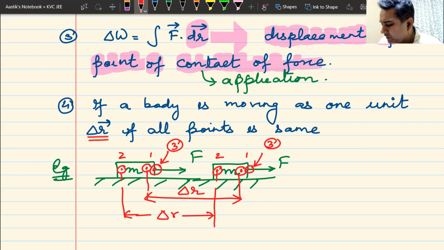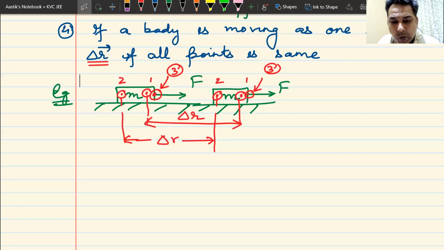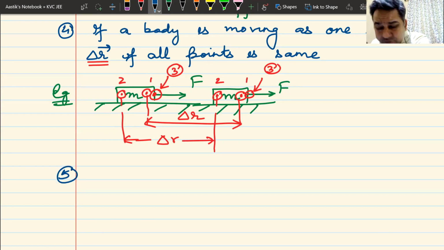Can there be a case where the displacements are different? Yes, there are a lot of cases where displacements are different. But those cases will come in your later journey, after some time, in rotation, where all the points will have different motion. But right now we are not discussing rotation. We would be discussing some cases where the displacements of different points are different.